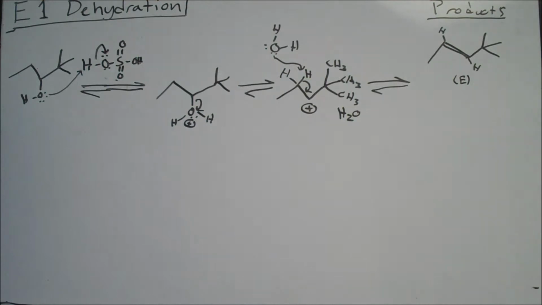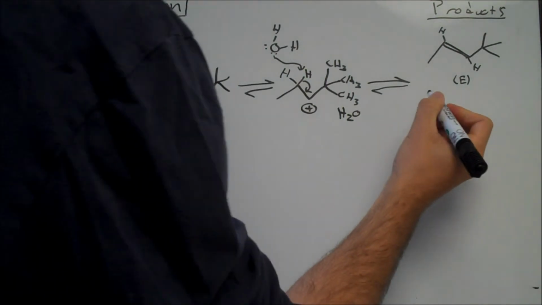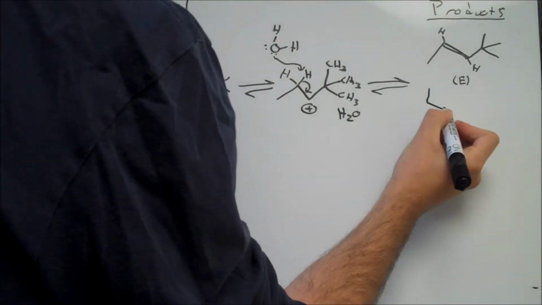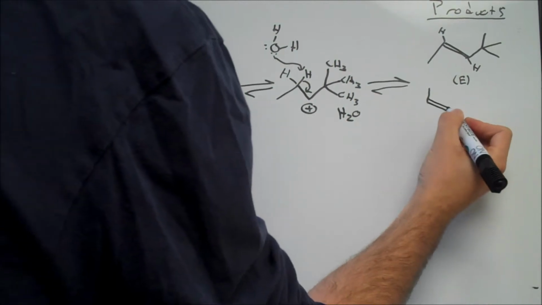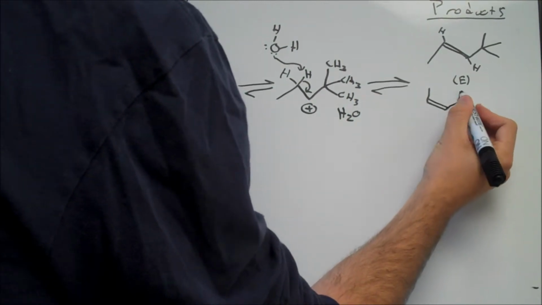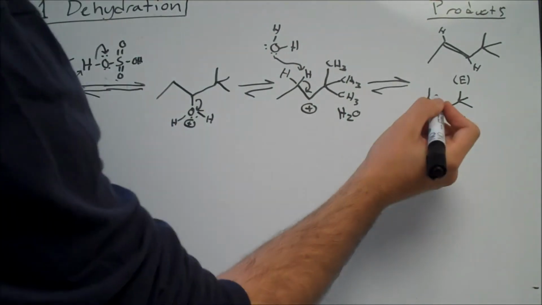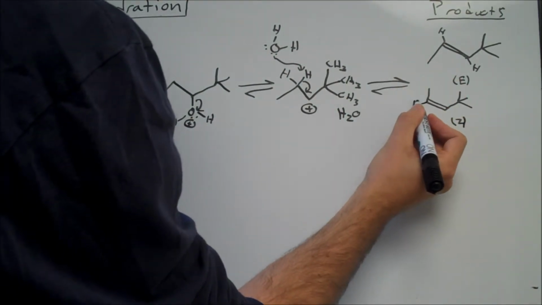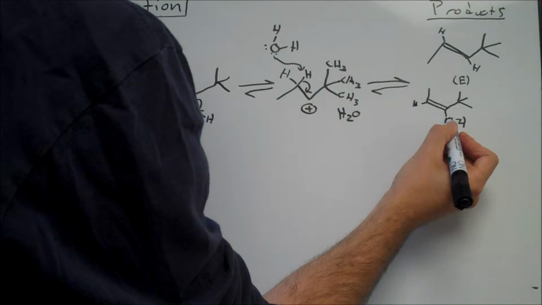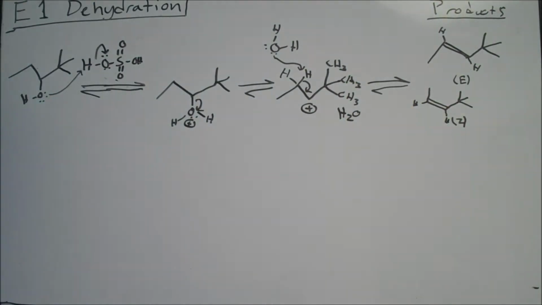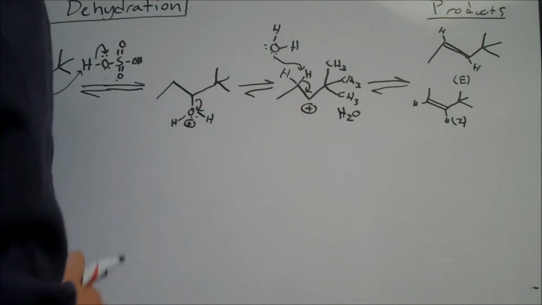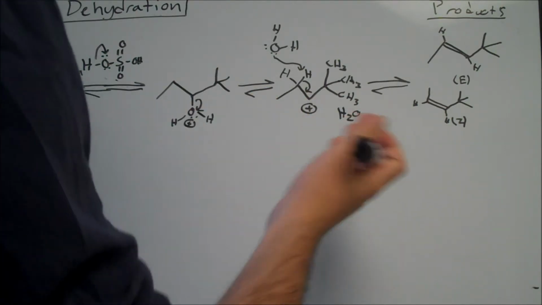But remember, when you do a dehydration, you can also get some of the Z. Now that's going to be less likely because it's less stable. But you also get some of the Z form, where you've got both of the priority groups on the same side. In this case, it's also the same as cis. So that's something you can get once you formed your carbocation and from an E1 reaction.